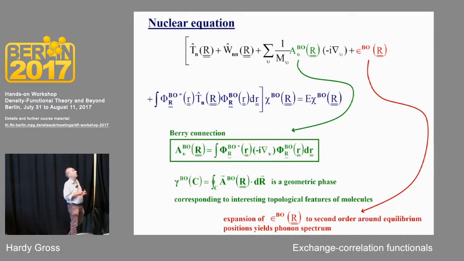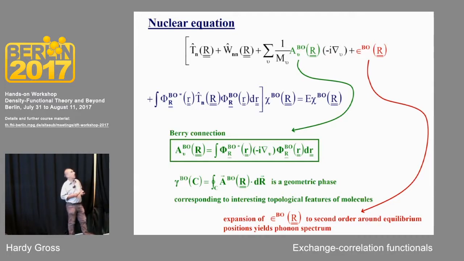So it's a funny thing. It's not an operator in the electronic Hilbert space. It's something else that acts here on the nuclear coordinates. So this whole thing, since you integrate out the electronic degrees of freedom, is a function of nuclear coordinates, so it's a scalar potential. And then in addition, there's this vector potential, which has this structure, the nuclear momentum operator, acting again on the subscript here on the nuclear coordinates and integrating out the electronic coordinates.